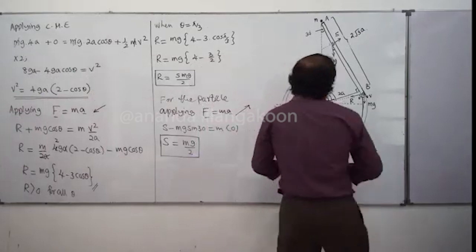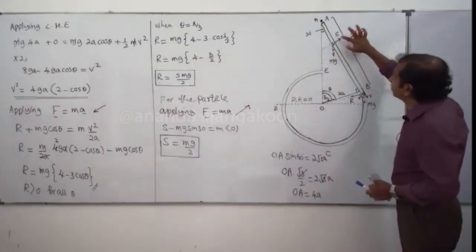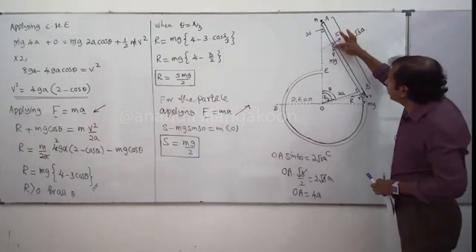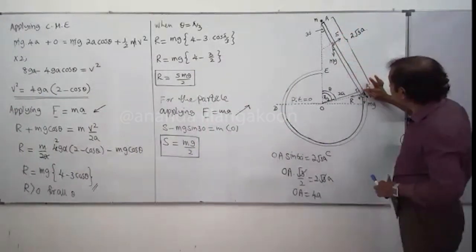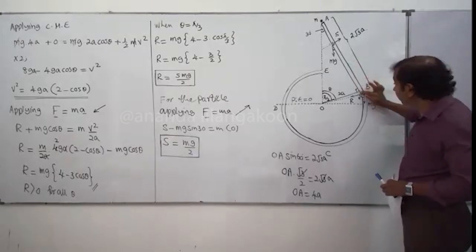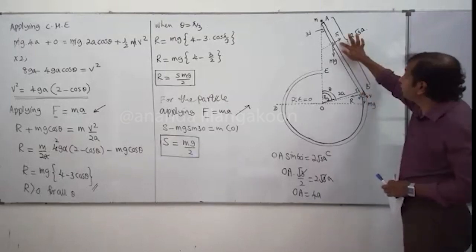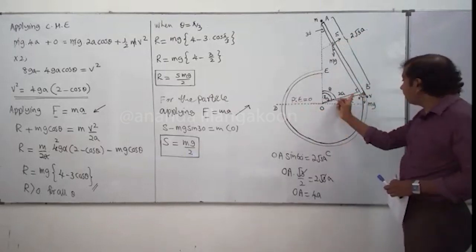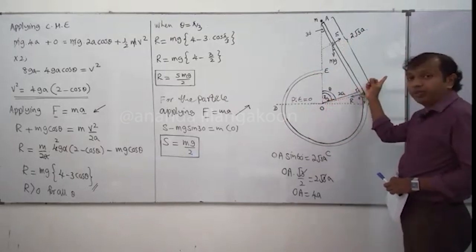Once the particle moves like this, S will be acting in this direction with the same magnitude mg by 2 on this particle until the particle moves up to the point B. Then just before reaching the point B, the reaction acting on the particle is this S, of size mg by 2, acting outward from the center.